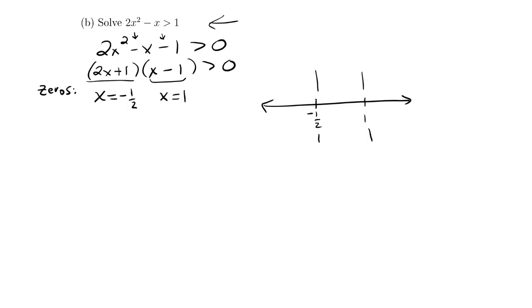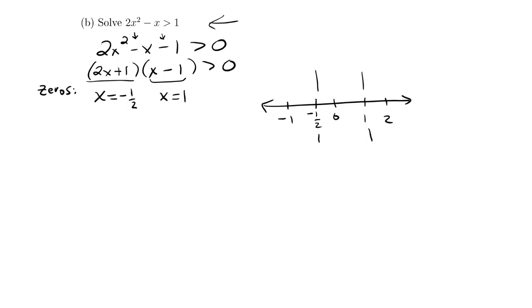So I could use 0 in between negative 1/2 and 1. I could use negative 1 on the other side of negative 1/2, and I could use 2 on the other side of 1. All right, so remember, I just need any number that's in that interval to use as a test point.